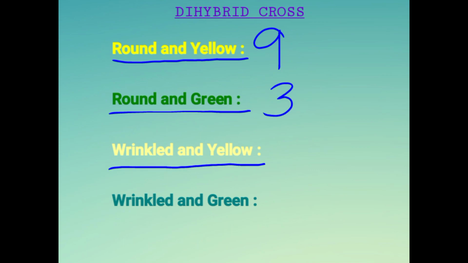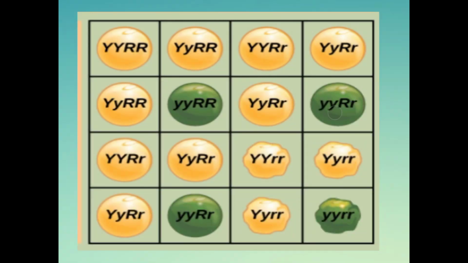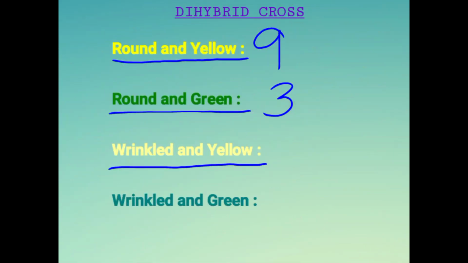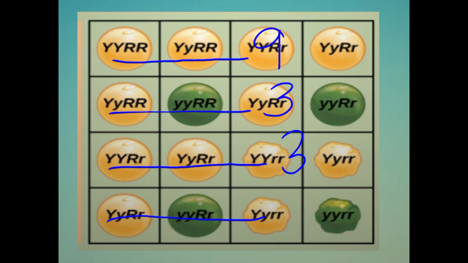Now you will be finding the wrinkled and yellow. 1, 2, 3 again. So 3 wrinkled and yellow. Last we are having wrinkled and green. So wrinkled and green we are having just 1.